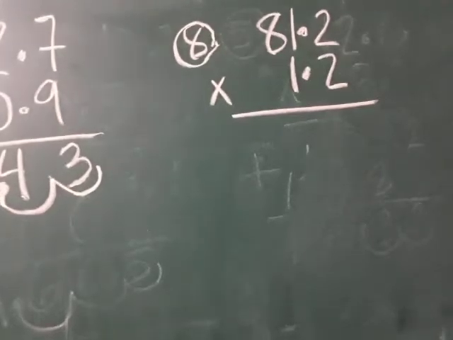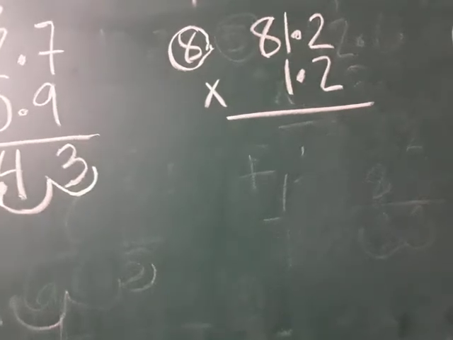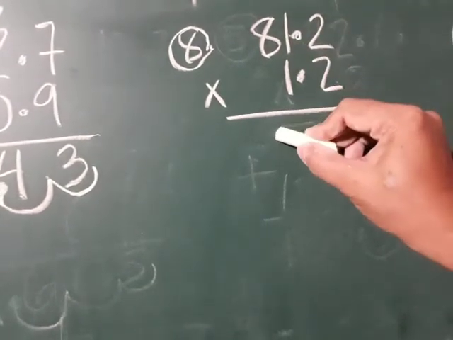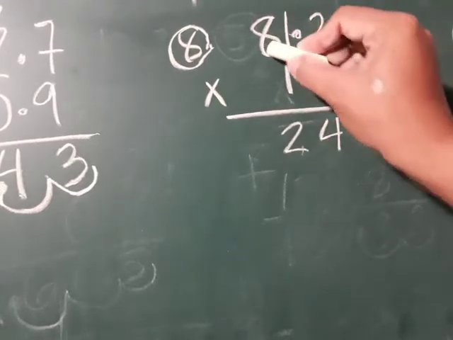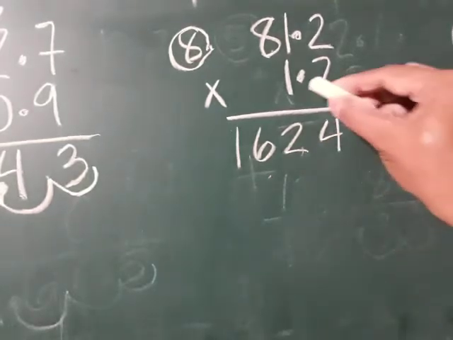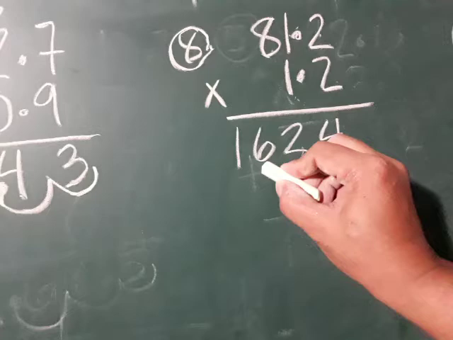Number 8, we have here 81.2 times 1.2. So let's start. 2 times 2 is equal to 4. 2 times 1 is equal to 2. 2 times 8 is equal to 16. Next, 1 times 2 is equal to 2. 1 times 1 is equal to 1.